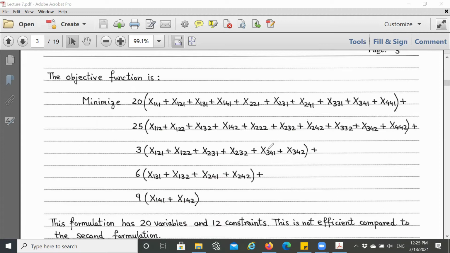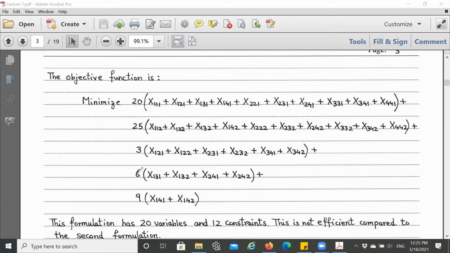I can produce in month 3, store it for month 4. Okay, if the carryover is only for 1 month, you multiply by 3. But if you're carrying over for more than 1 month, for example, I'm producing in month 1 for month 3, that means I'm skipping a month. You have to add 2, right?